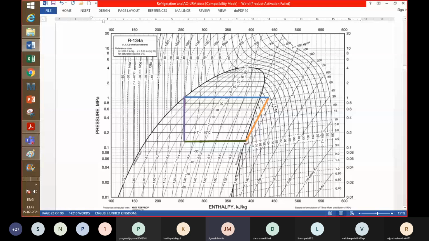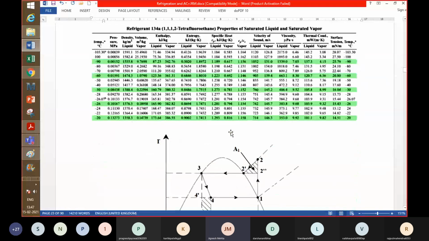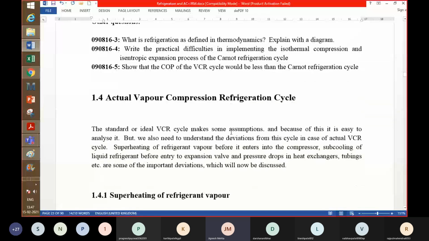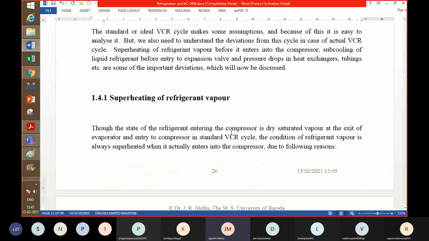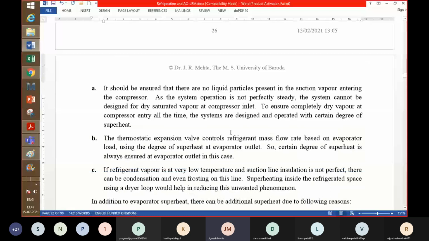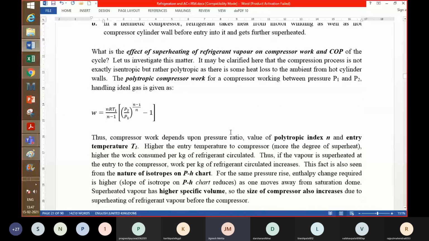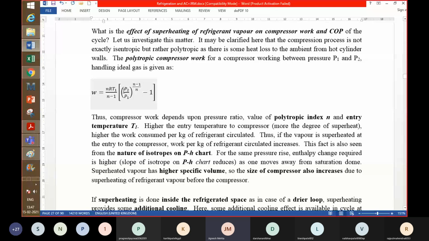So the same thing we are trying to show with the help of the formula may also be observed using the pH chart. That is, if you go for superheating of refrigerant vapor, the delta W of the compressor will be higher for the same pressure ratio, right? So that is also seen with the help of this temperature T1. If it is increasing, it will increase the W.